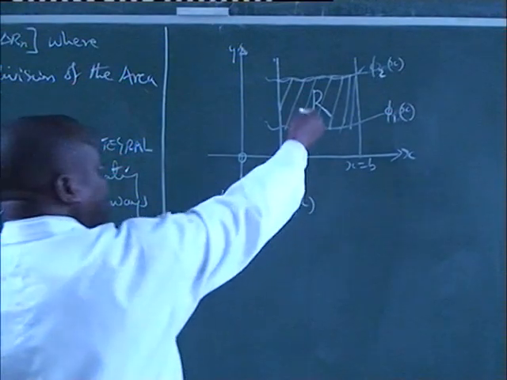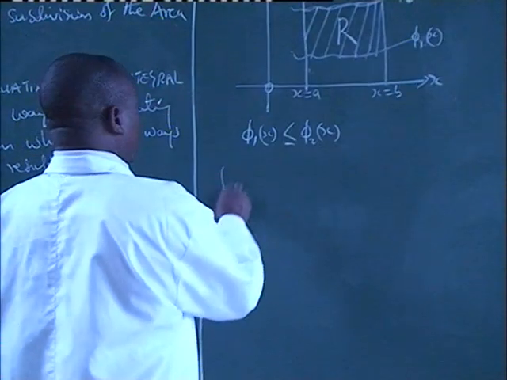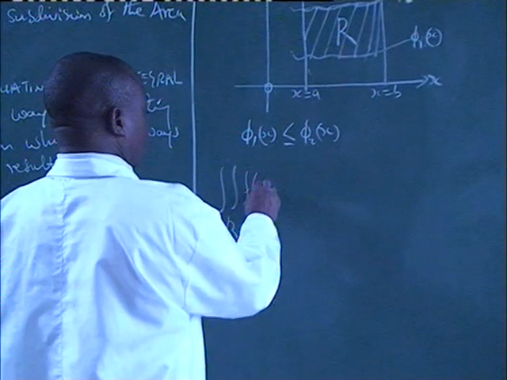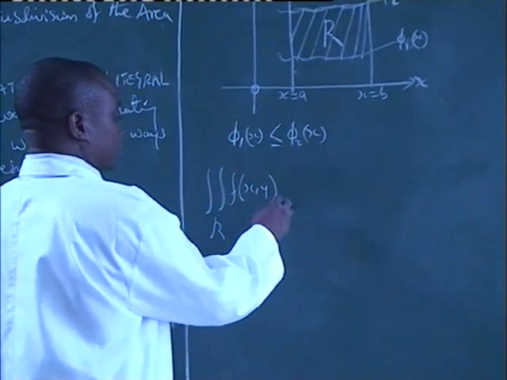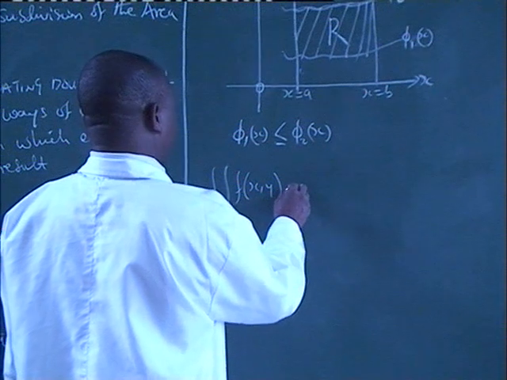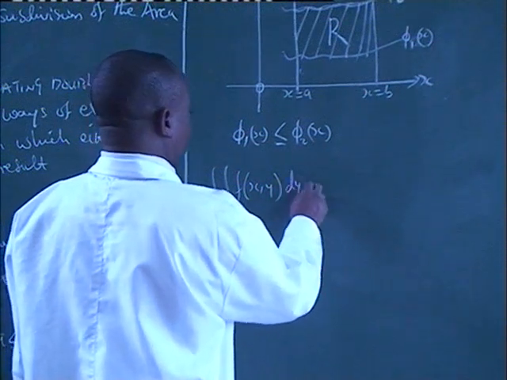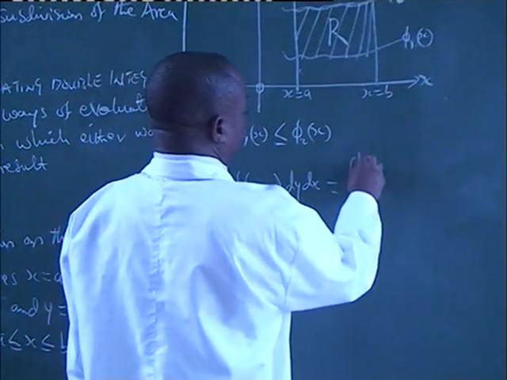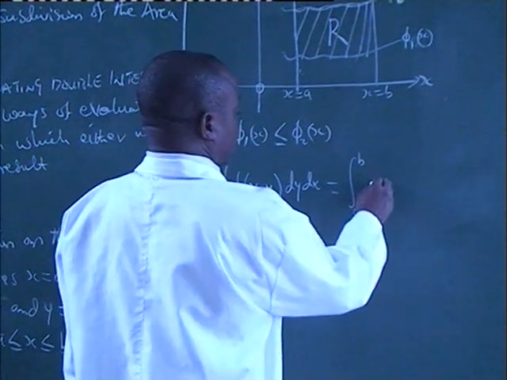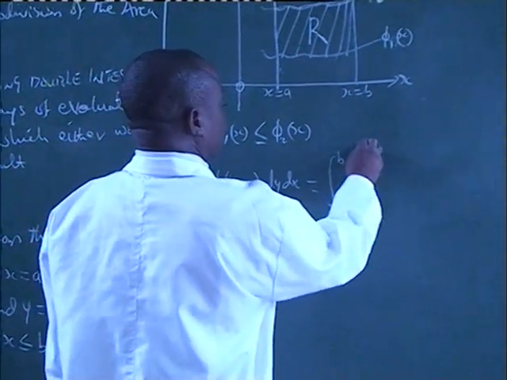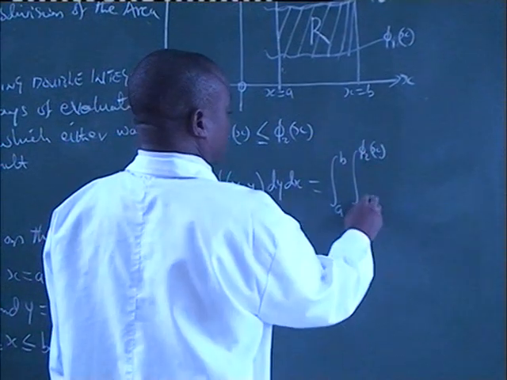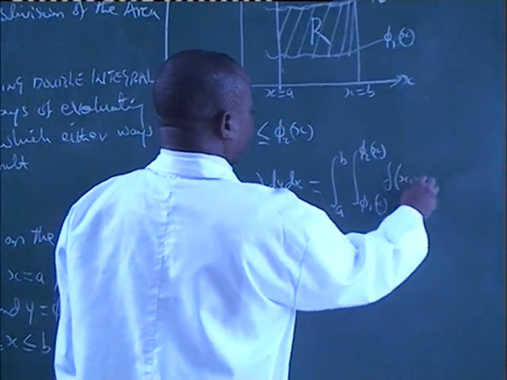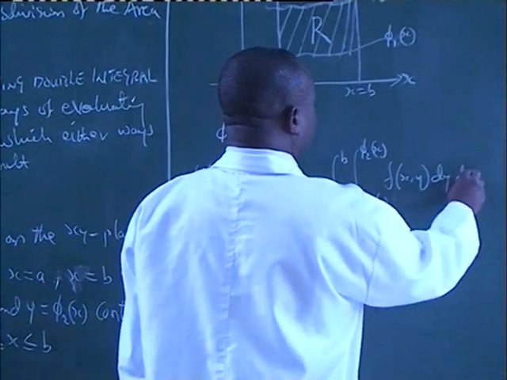Then the double integral over R of f of x, y dy dx will be equal to the integral from a to b, and then the integral from phi 1 of x to phi 2 of x of f of x, y dy dx.